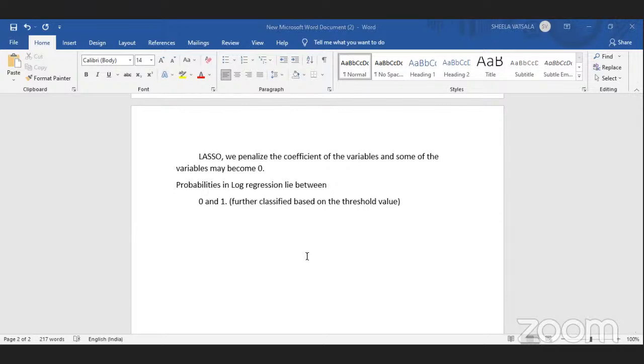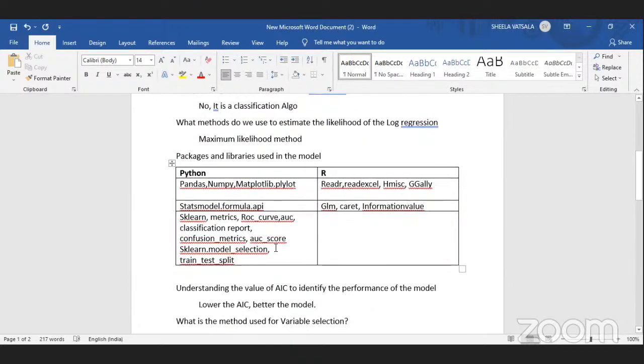To list out some, we first import the library sklearn dot model selection, and as we discussed here, we have to use sklearn.metrics to have ROC curve, that is receiver operating characteristics curve, AUC area under the curve, classification report, and confusion matrix.